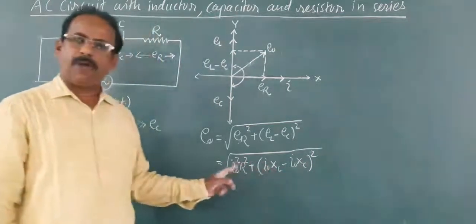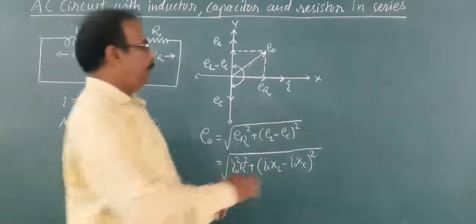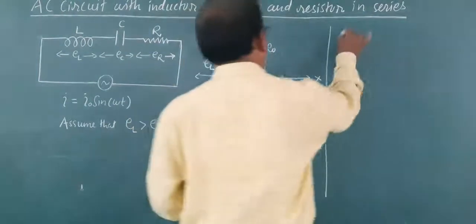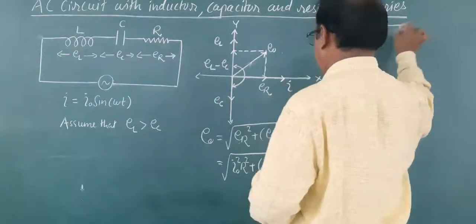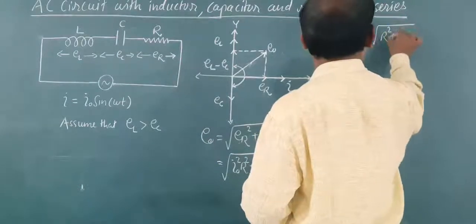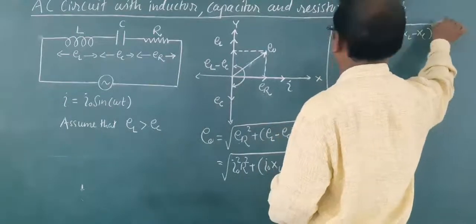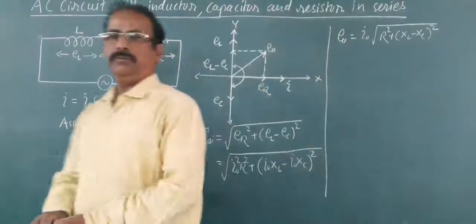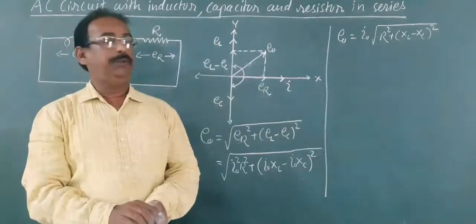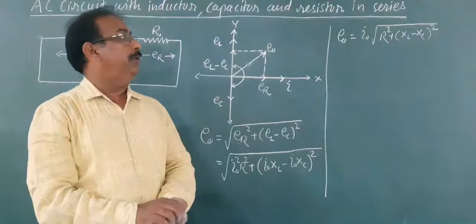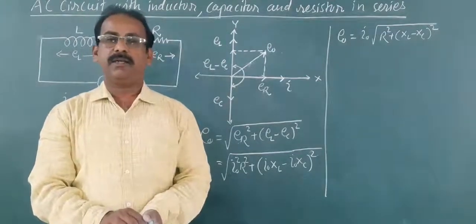I0 square you can take common in the root and then take it out of the root. You'll get here E0 equal to I0 into root of R square plus (XL minus XC) bracket square.